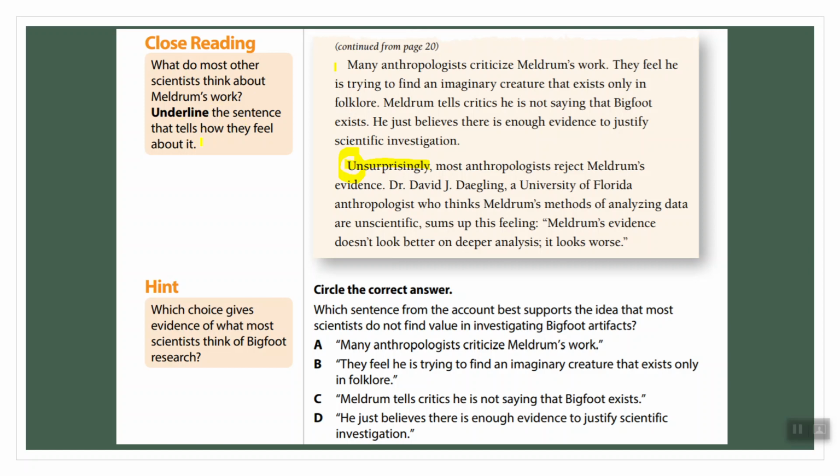Underline the sentence that tells how they feel. Over here, it says, they feel he is trying to find an imaginary creature that exists only in folklore. So they don't necessarily believe the work that he's doing.